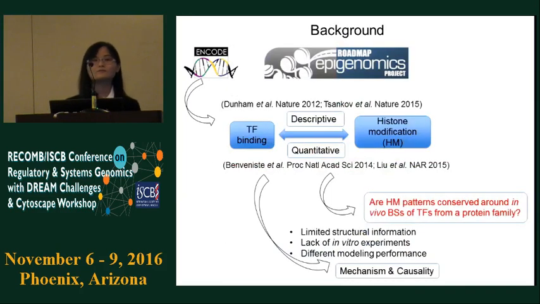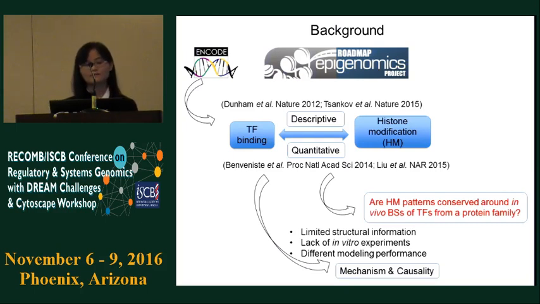Previously, the ENCODE and Roadmap projects have already done extensive work and generated large amounts of data showing there's a close relationship between TF binding and HM patterns. Based on that, there are also quantitative models, either predicting TF binding signals from HM patterns or the other way around. But we are still far away from understanding the mechanism and the causality, basically due to two limitations.